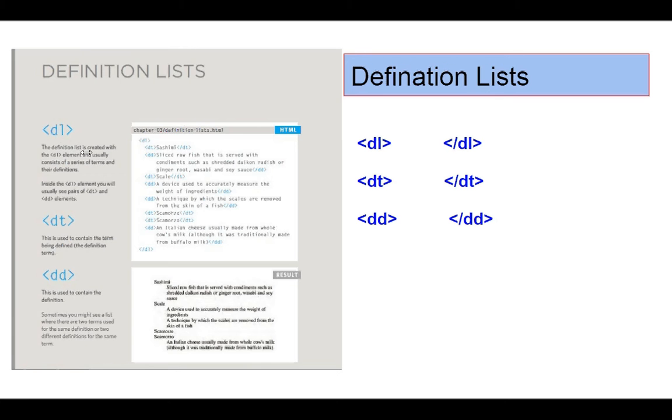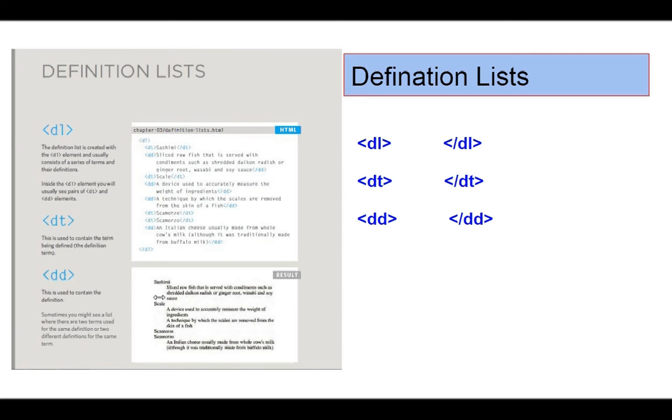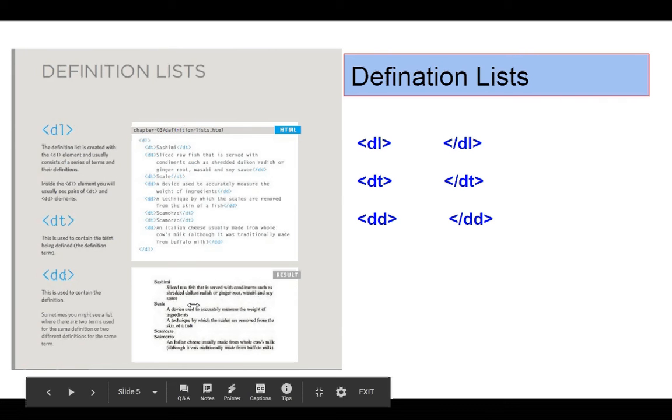And DD is used to contain the definition. For example, a scale. We define a definition list, and what it means is divided by DT and DD, and DL is the list.